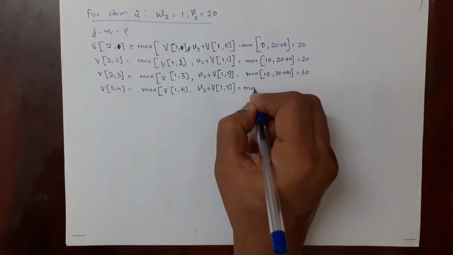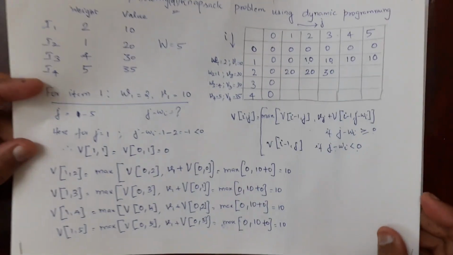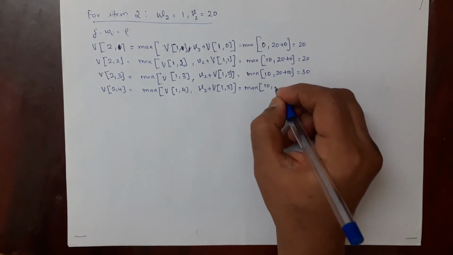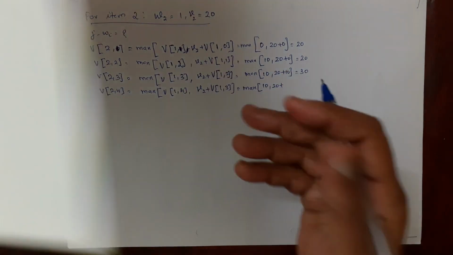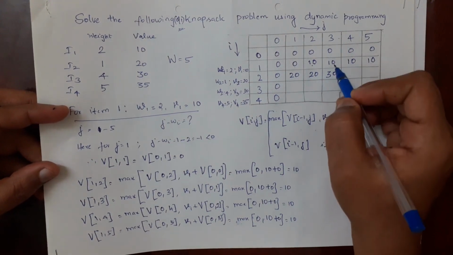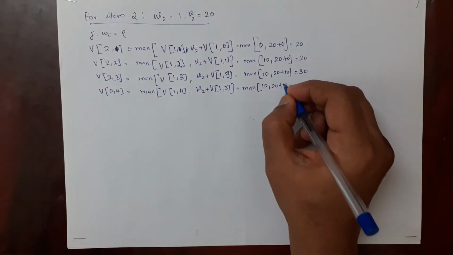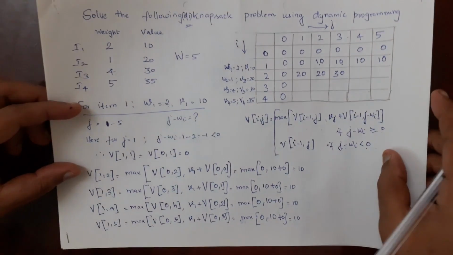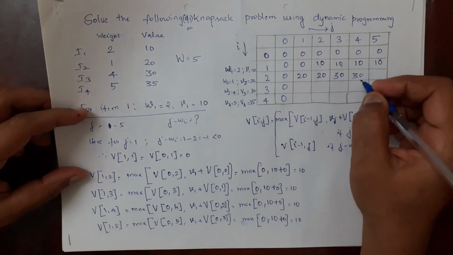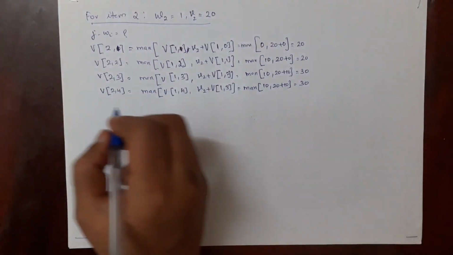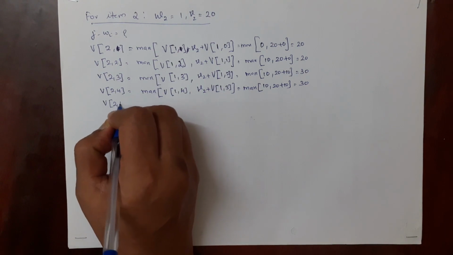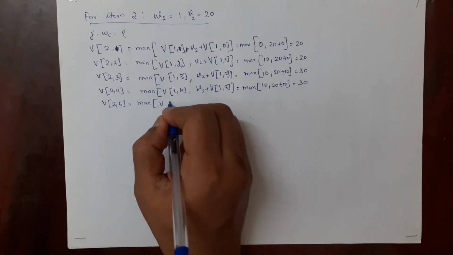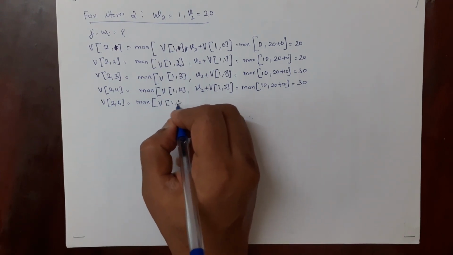That is equal to maximum of 1 comma 4, value of first row fourth column 10, 10 comma the value of this item is 20 plus 1 comma 3, that is 10. So 10 or 20 plus 10, 30, which one is maximum? 30 is maximum, so we have to fill 30 here. Next we have 2 comma 5, here we have to find what is v of I minus 1, that is 1 comma j.